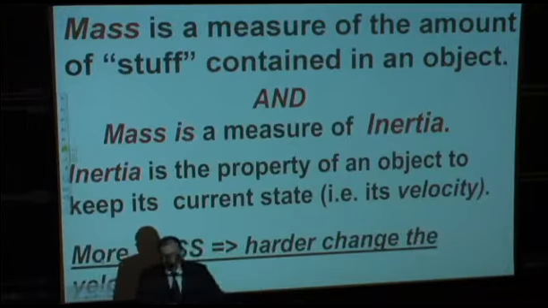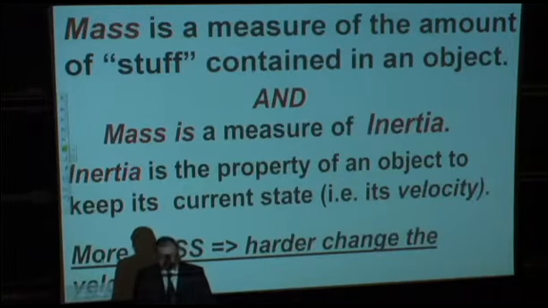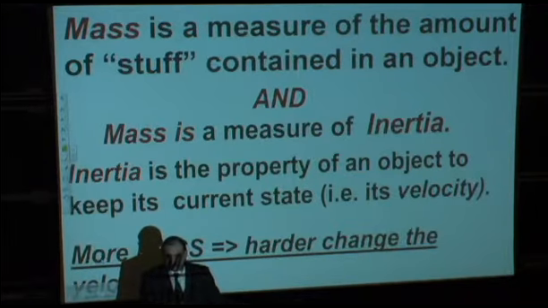Inertia, in general, is a property of a system to keep its current state. So, for example, if something is moving with constant velocity, it will be moving with constant velocity unless net force starts acting on it. So we don't need a reason to keep it moving with constant velocity. And that's the first Newton's law.